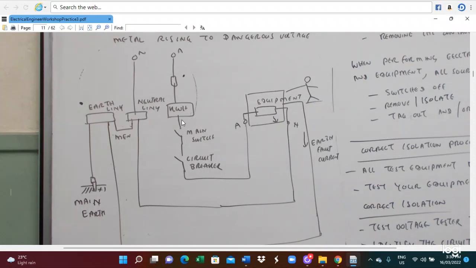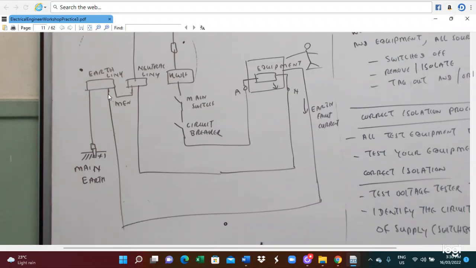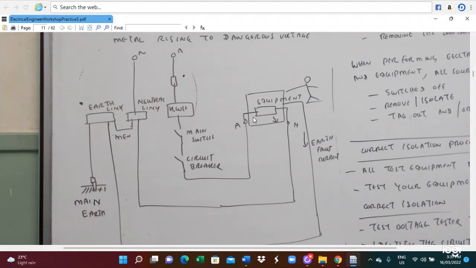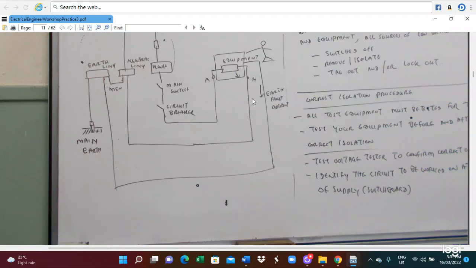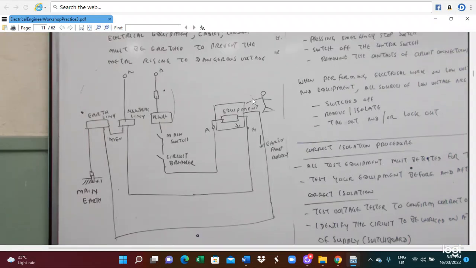So the gateway meter, this is the main switch, connected to the circuit breaker and electrical equipment. We have the neutral link, this is the unlink. So all equipment is connected to the conductor. Neutral is connected, and then from the link it is connected to the main electrode. So this is the way. This is the MEN earthing system. That kind of protection system has to be utilized.